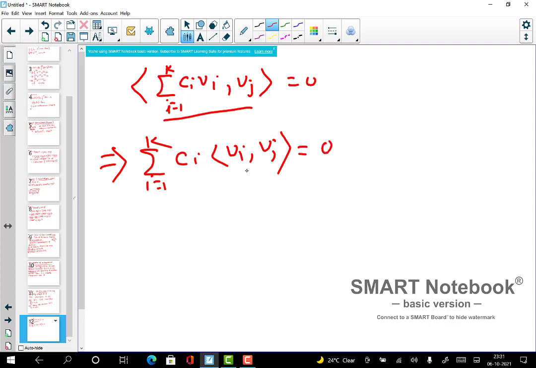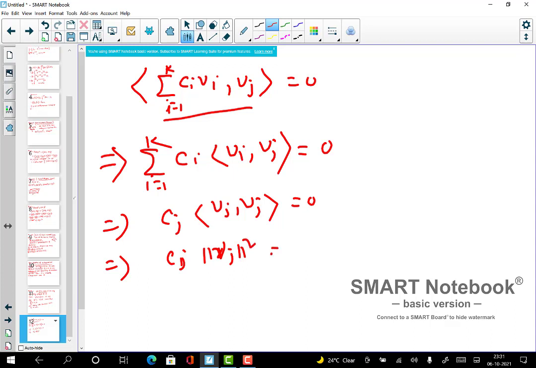Now because the vi and vj are orthogonal, the sum will survive only when i equal to j. So when i equals j, you will have cj times the inner product of vj with vj, which is equal to 0. But recall that this is cj times the norm of vj squared equal to 0.